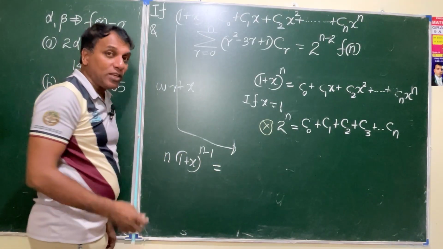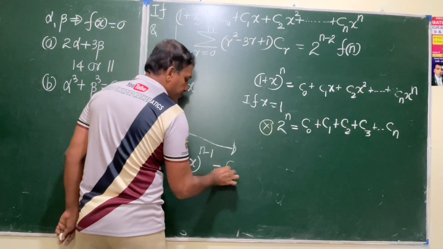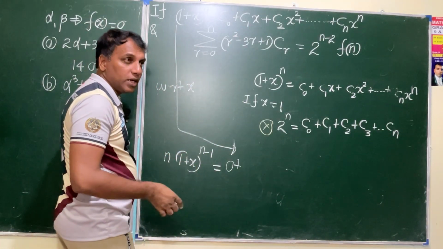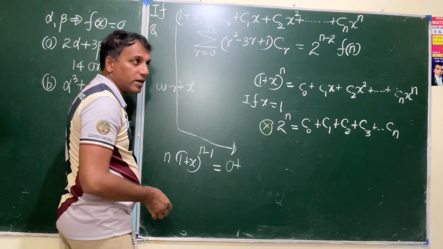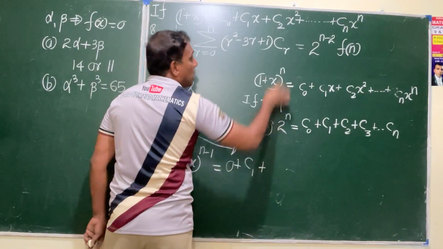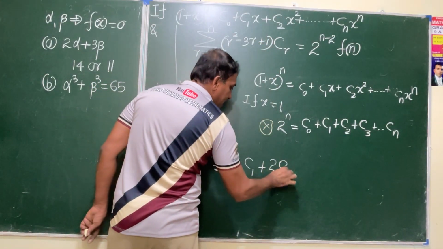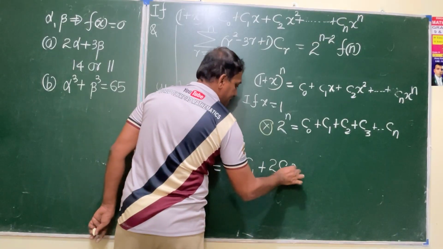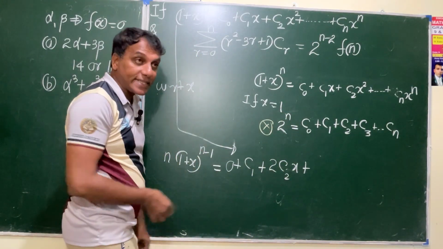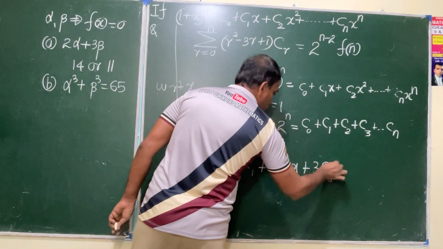And on the other side, C0 is a number, only one coefficient, so it gives 0. Differentiation of 5x is 5, of 7x is 7, so of C1 x it is C1, of C2 x squared it is 2C2 x, is it? Next, C3 x cubed differentiates to 3C3 x squared, is it?